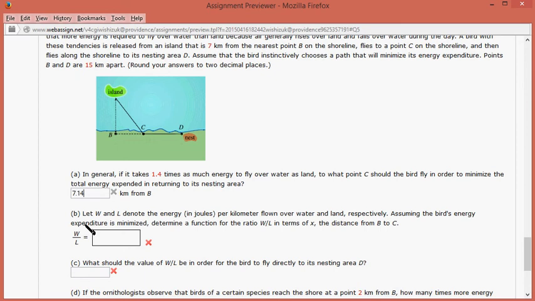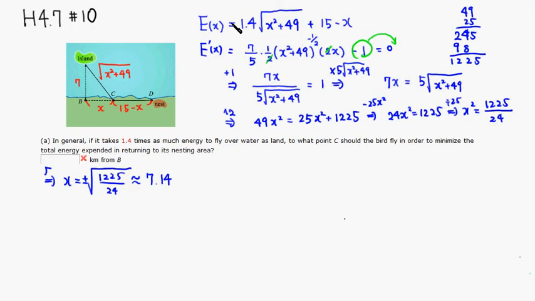So I'm going to mimic that, and here 1.4 is going to be replaced by W over L. You can see that this is W and this is L, and this is W, this is L. So we can start from there, and we do exactly the same thing.